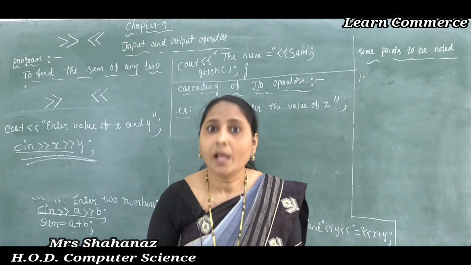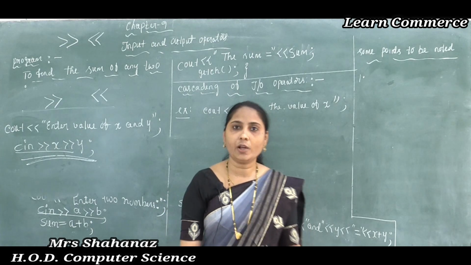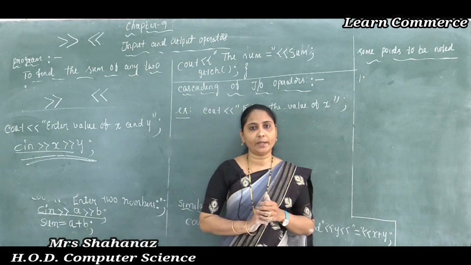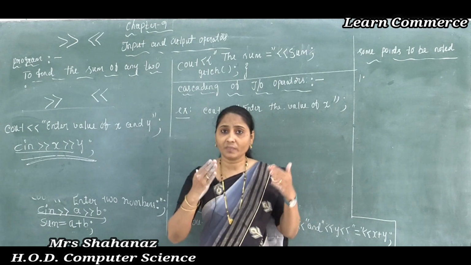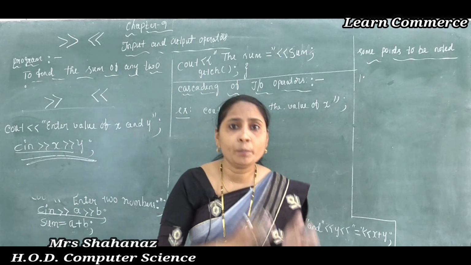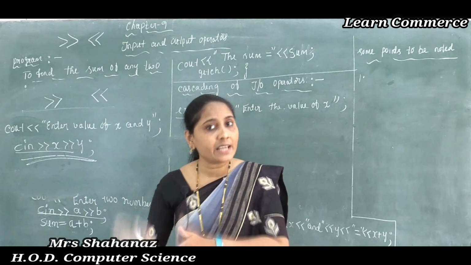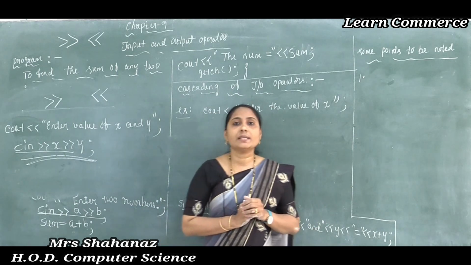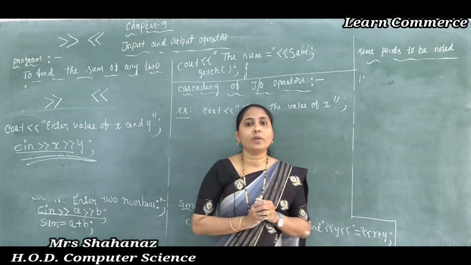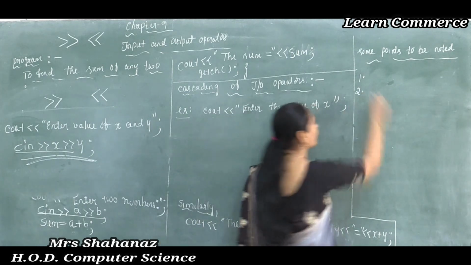Is it right here? Now just whatever I said, it is the meaning of the cascading of input output operator. So we can say that the meaning of the cascading is the multiple uses of input and output operator in a single cin and cout statement, or in a single input and output statement, is called the cascading of input and output operators. Okay, now this is about the first meaning.